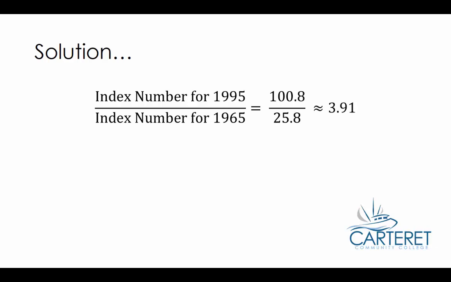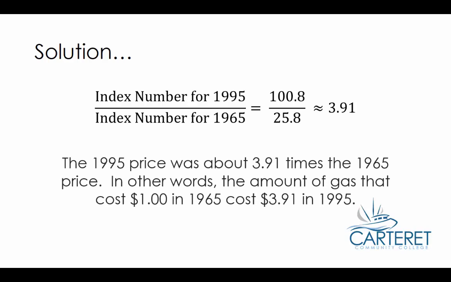The ratio of the index numbers is roughly 3.91. The 1995 price was about 3.91 times the 1965 price. In other words, the amount of gas that cost $1 in 1965 costs approximately $3.91 in 1995.